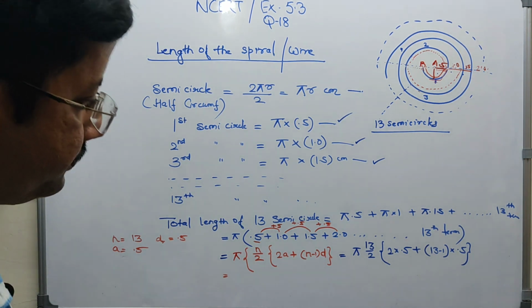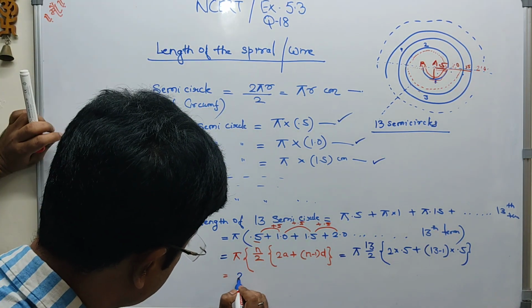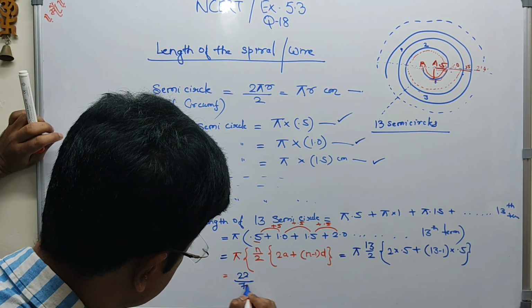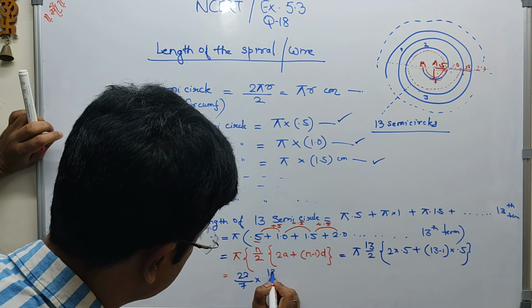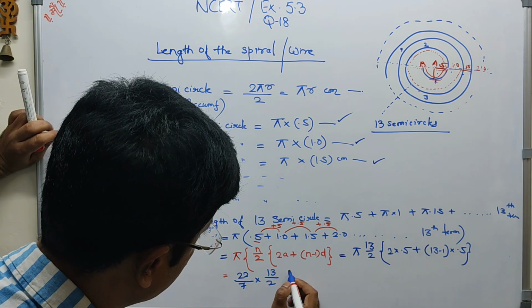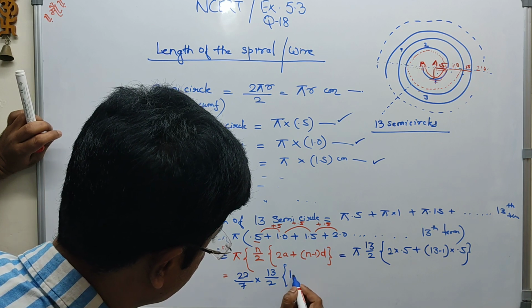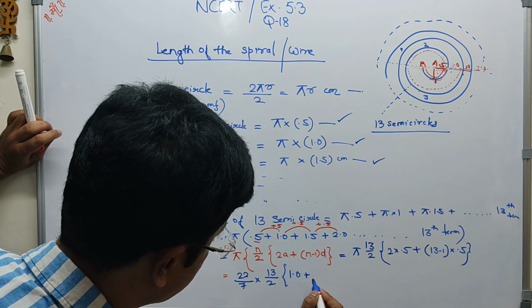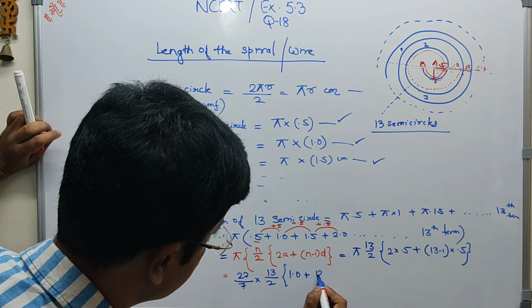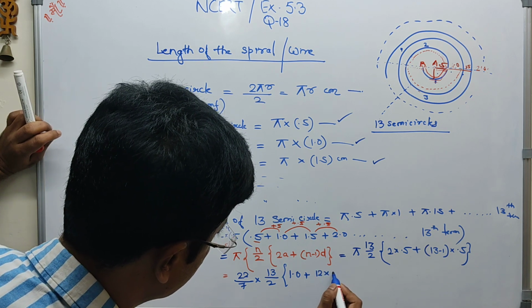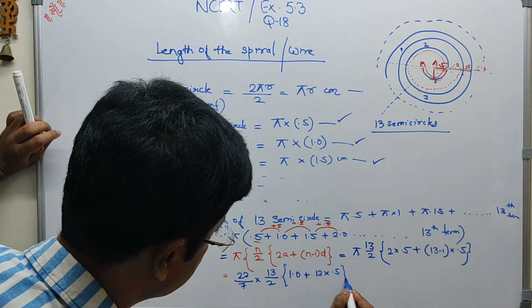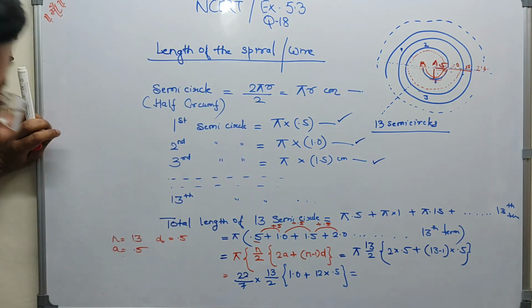Now pi we can write as 22 by 7, into 13 by 2, into 2 into 0.5 which is 1.0, plus 12 into 0.5.